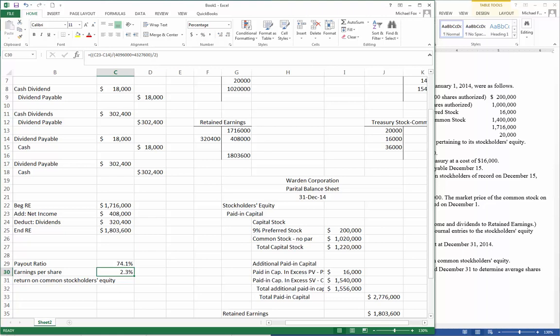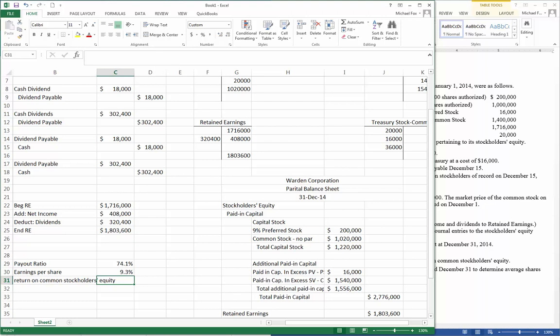Let me pause it and figure out what I'm doing wrong. I think perhaps if we put another set of parentheses around this, it'll tell Excel to do the order of operations so that division by 2 happens before everything else. Let's see if that gives us, yes, that's what it should be, 9.3%.